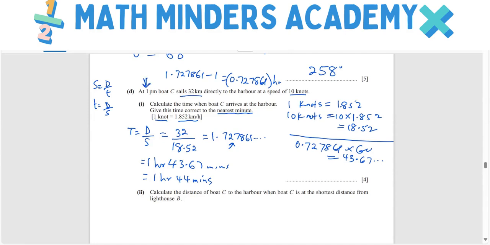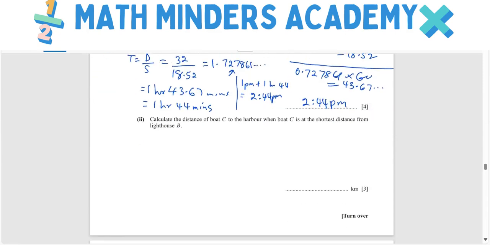At 1 p.m., so add 1 hour 44 minutes to 1 p.m. If you add 1 p.m. plus 1 hour 44 minutes, that will bring us to 2:44 p.m. So we'll write it here, 2:44 p.m. All right, so that's it.